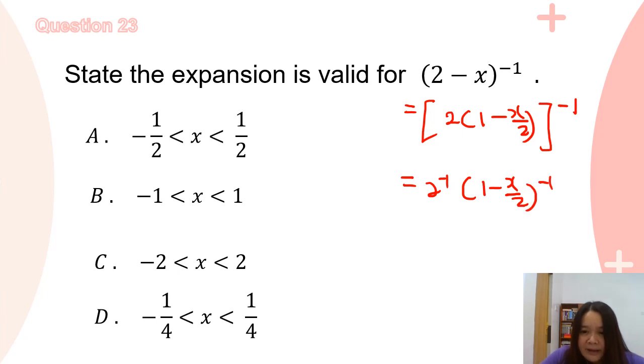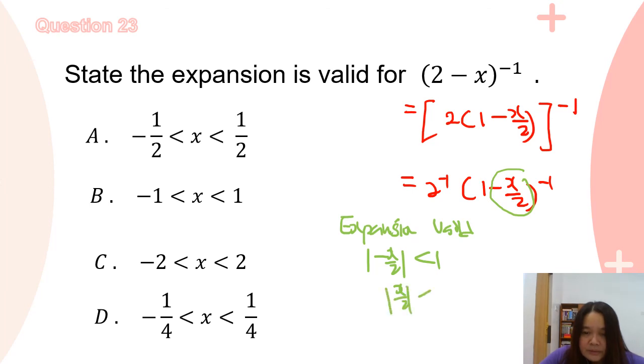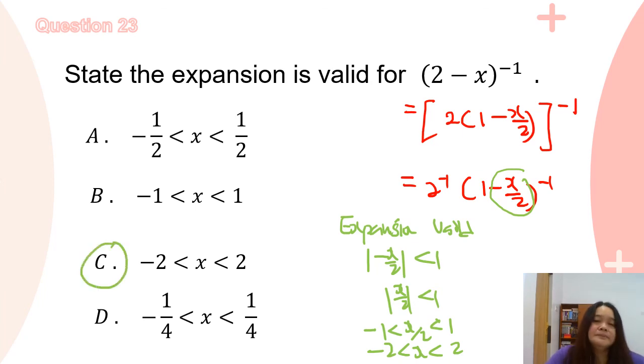Okay, so to find where the expansion is valid, we just look at here. The expansion is valid when the absolute value of x over 2 is less than 1, so it's equivalent to absolute x less than 2, so you have minus 2 less than x less than 2, so the answer should be C.